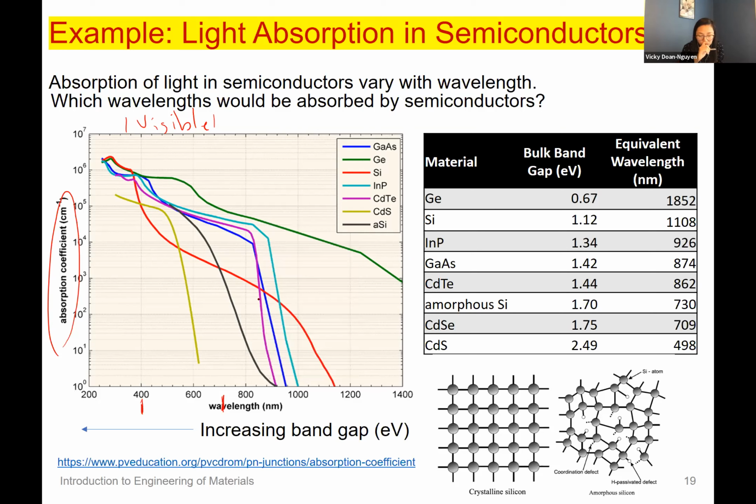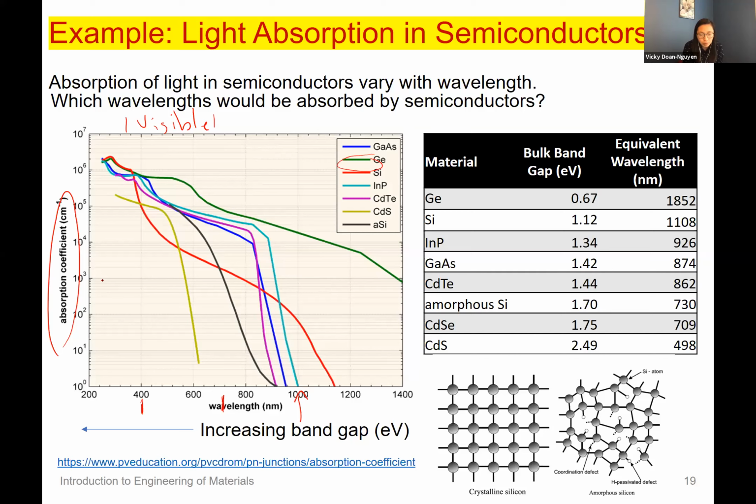If we look at even germanium, right? If you have a photon that comes in at 1,000 nanometers, that's in the infrared. Will that photon be absorbed? And the answer is no.